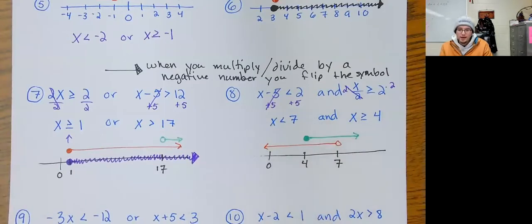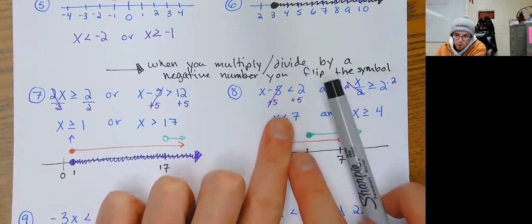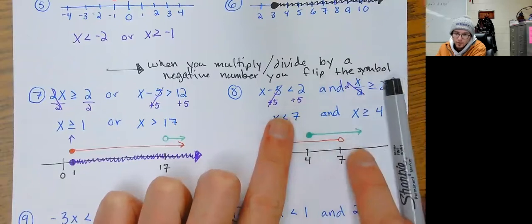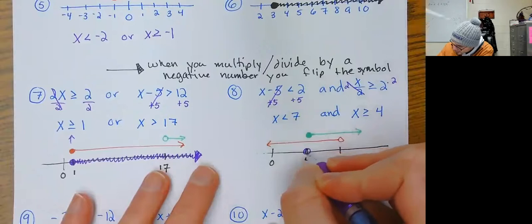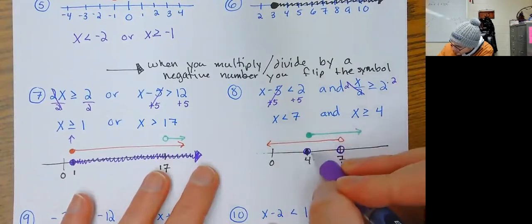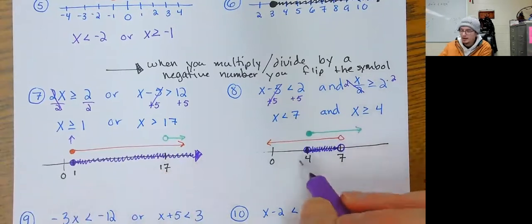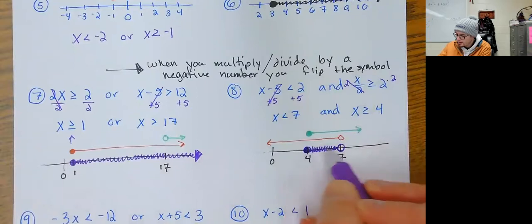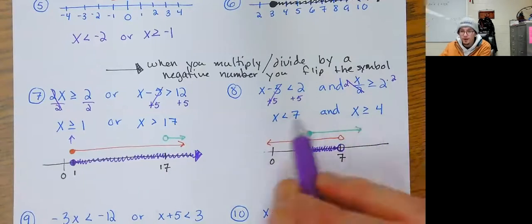So when it says and, where is it working for both? All the values from 4 and less than 7 work. So my graph would be starting here, and then I'd have an open circle at 7, and it'd be all of those points. Any number I pick, starting at 4 and all the way up to 7, but not including 7, would work for both of them.